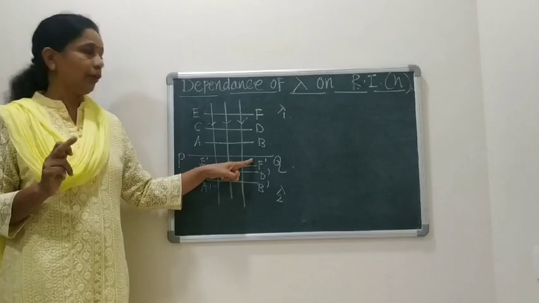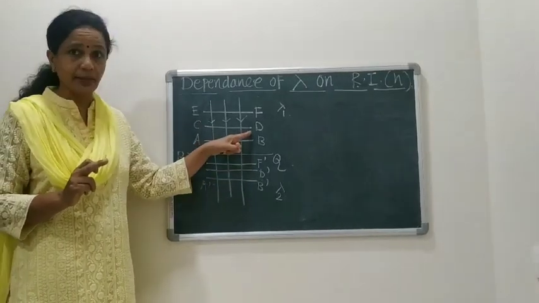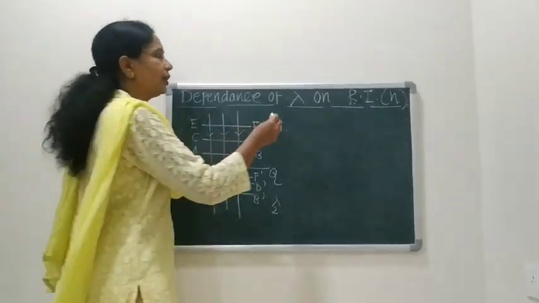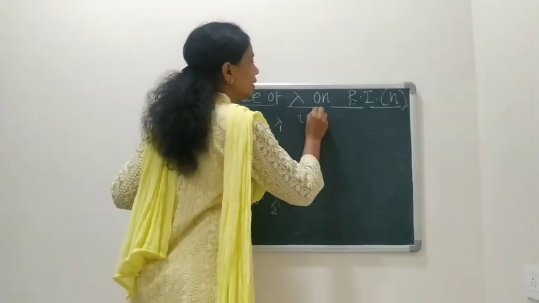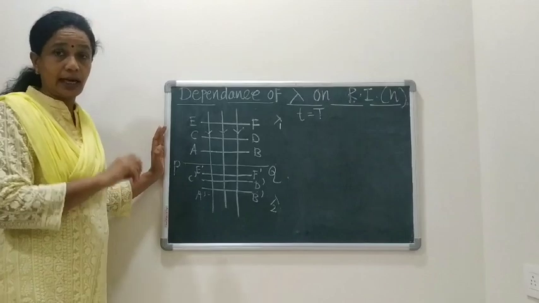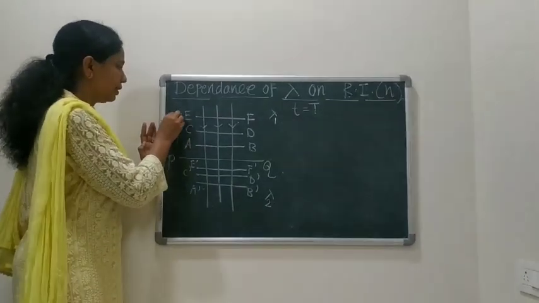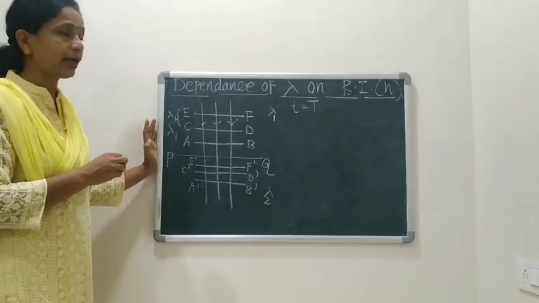Then the next wavefront, CD, reaches the boundary PQ at time t equal to capital T at a distance of λ1. This distance is λ1.